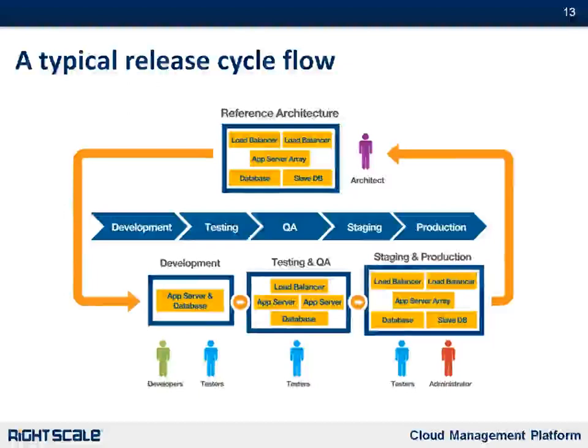If the architect says these are the pieces you're going to end up running in production, your developers need to be able to somehow use this infrastructure. So your sysadmins can put together a server template that has scripts that know how to configure your application server, say Rails or Java, and a database within one box. With that, the developers with one click can launch this and start testing their code.